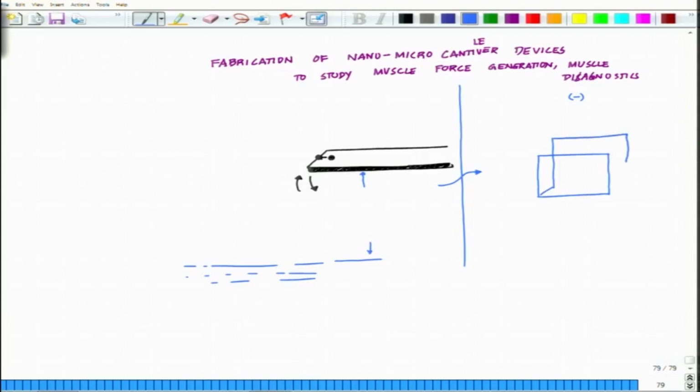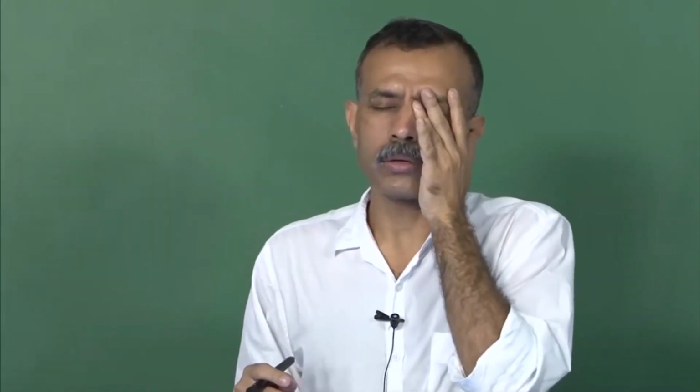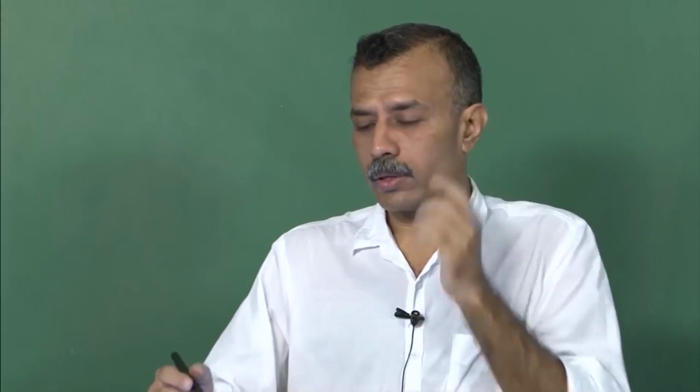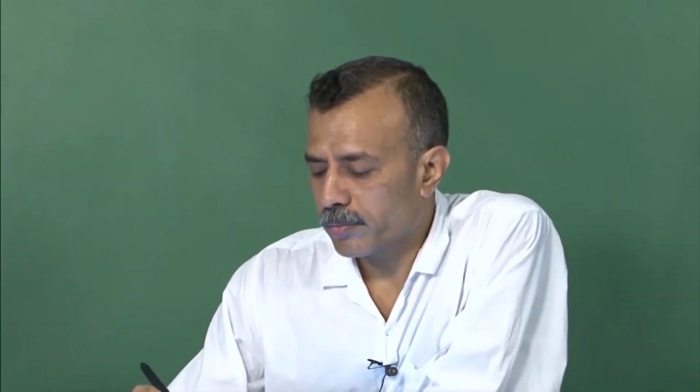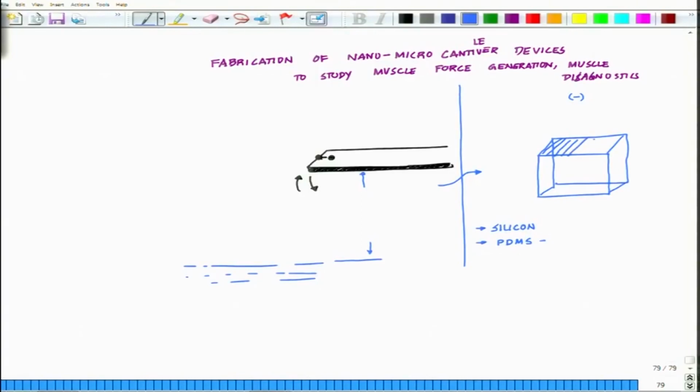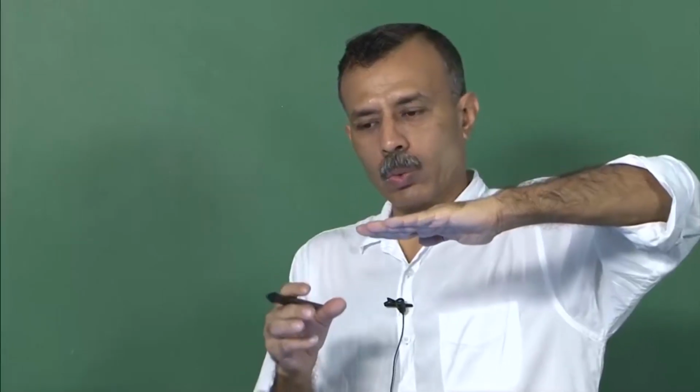So for example, I take a silicon wafer like this. It could be made on silicon, it could be made on PDMS, polydimethoxy sulfoxide. You guys can please look into these kinds of compounds. PDMS is, I think, Dow Corning's patented compound. So you take a wafer like this. Now what you do, you have to have a mask which will say what kind of shape you are asking.